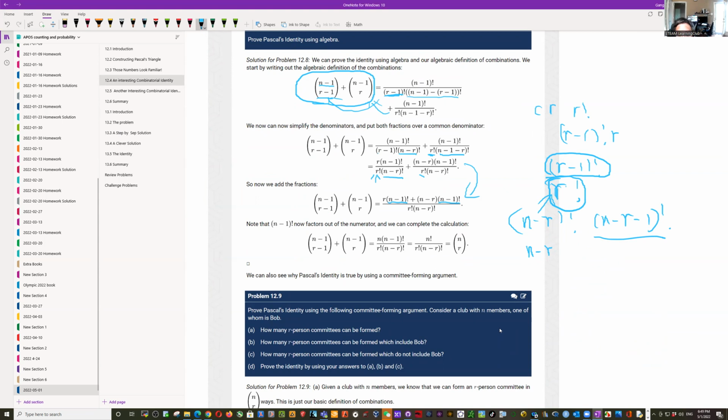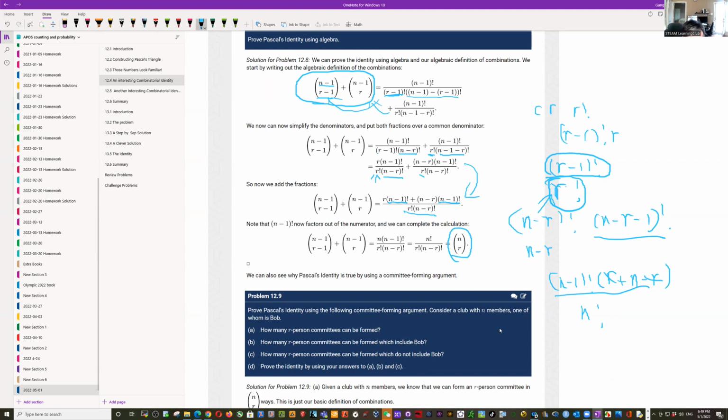Then the other portion is just n minus 1 factorial multiplied by r plus n minus r. So r and minus r cancel. So the top portion beautifully collapses into just n factorial, and the bottom factors are r factorial and n minus r factorial. So this turns into the pure definition of n choose r. So this is algebraically proved.